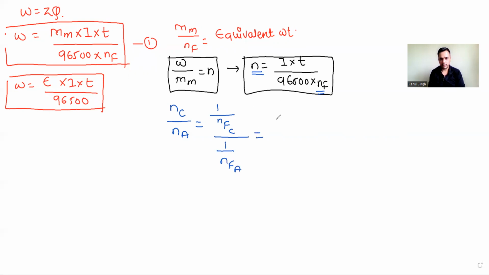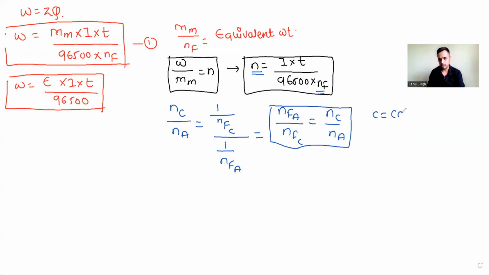By simplifying this, we will get n factor of anode divided by n factor of cathode. We can write it like this. So the formula is nothing but Nc upon Na, where C is our cathode and A is our anode. This is the thing that we can use for our further references.